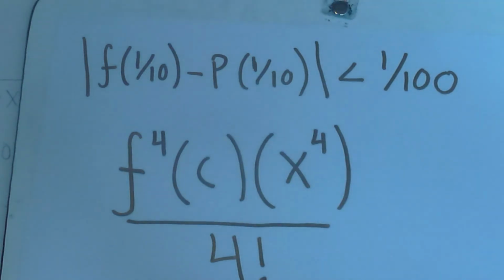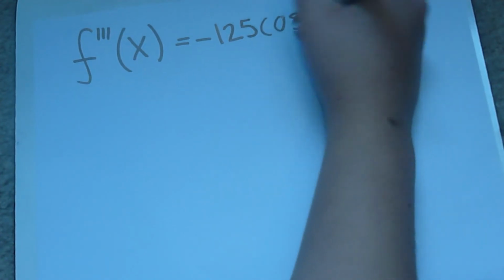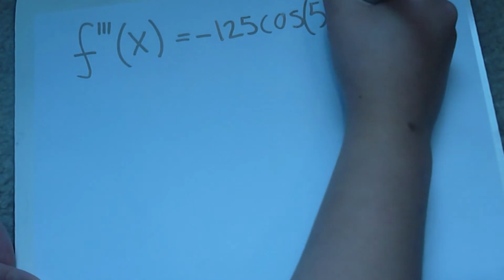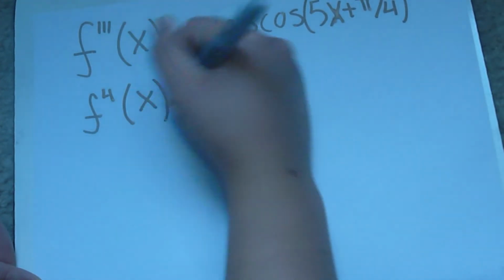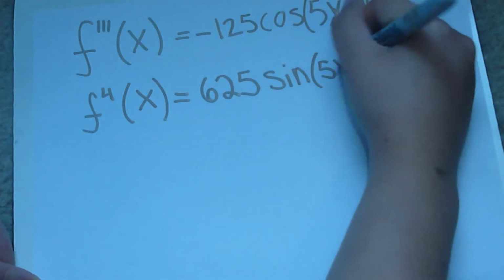In order to find the fourth derivative of f, we rewrite the third derivative, which is negative 125 times the cosine of 5x plus pi over 4, and we take the derivative of that, which is 625 times the sine of 5x plus pi over 4.